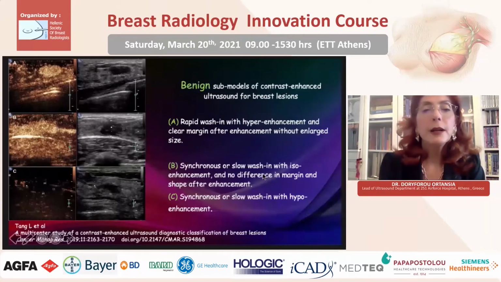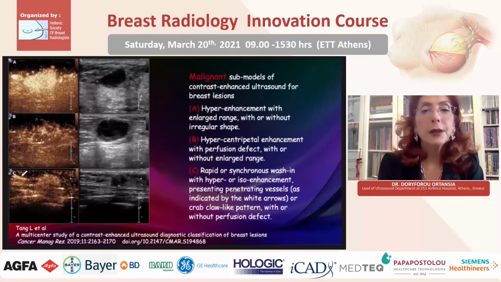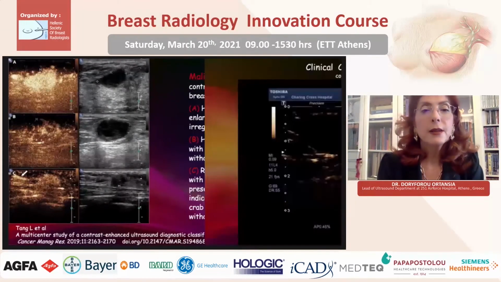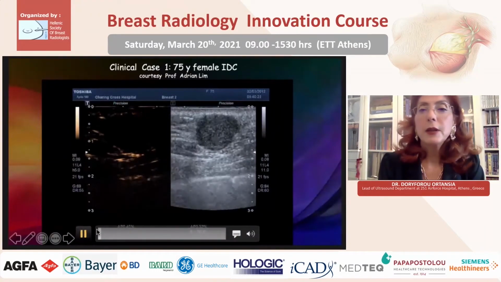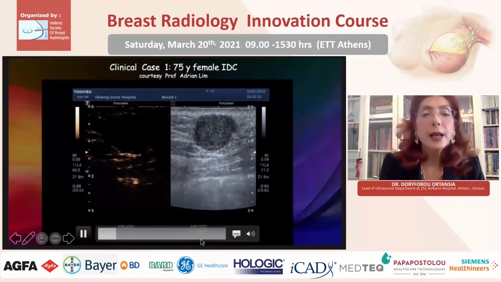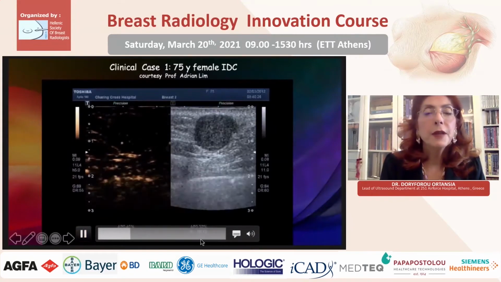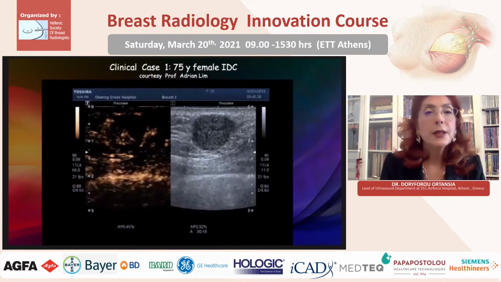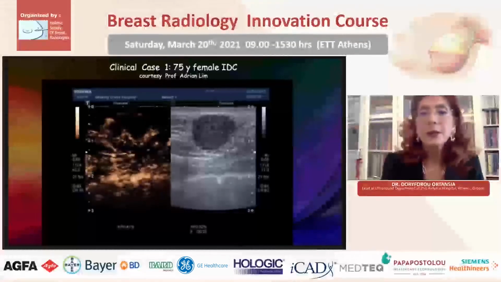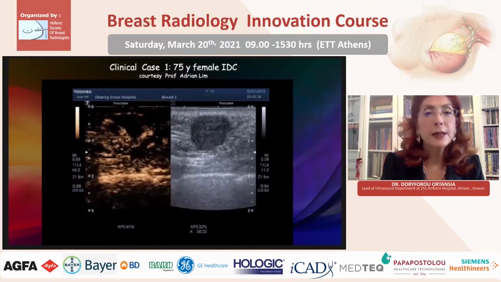Again, some models of enhancement. I wouldn't stay on this. Let's follow the arterial enhancement in this 55-year-old lady with invasive ductal carcinoma. And there is a regional arterial enhancement compatible with the malignant subtype.